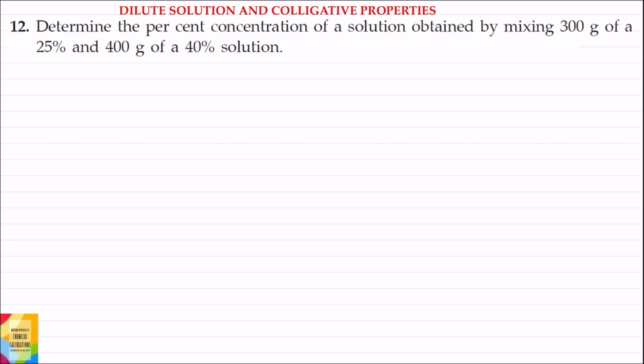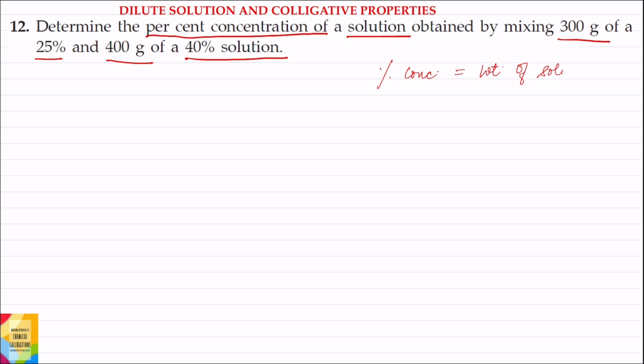Question 12. Determine the percent concentration of a solution obtained by mixing 300 gram of a 25% and 400 gram of a 40% solution. Now in this question, they have asked what will be the percent concentration of a solution which is obtained by mixing 300 gram of a 25% and 400 gram of a 40% solution. So percent concentration for the final solution will be equal to weight of solute in the final solution divided by weight of the final solution.